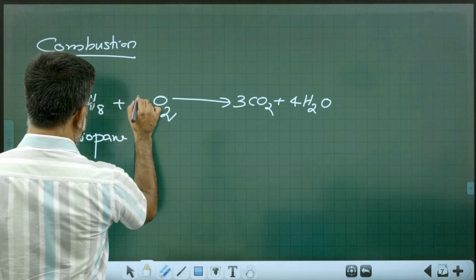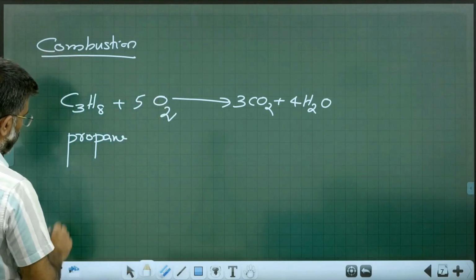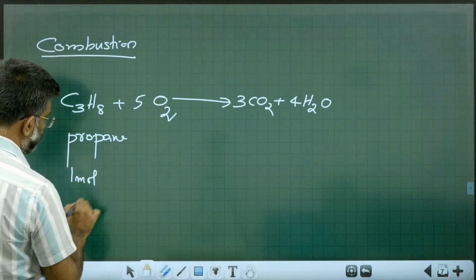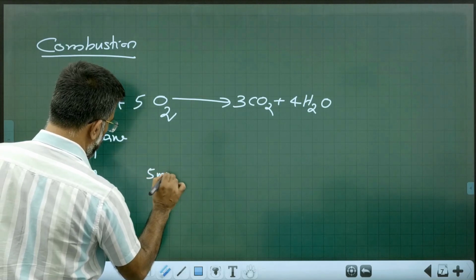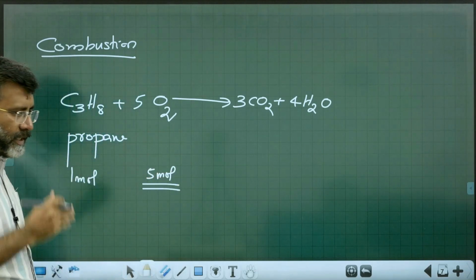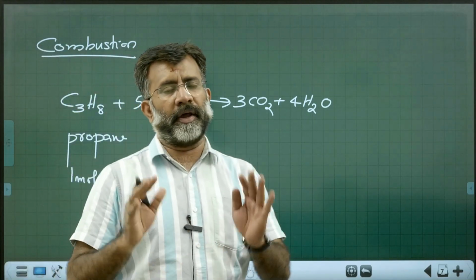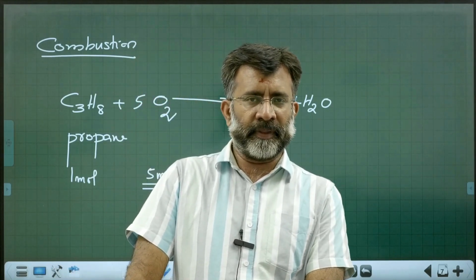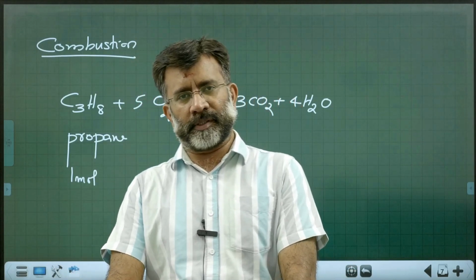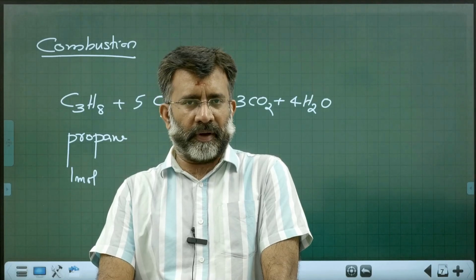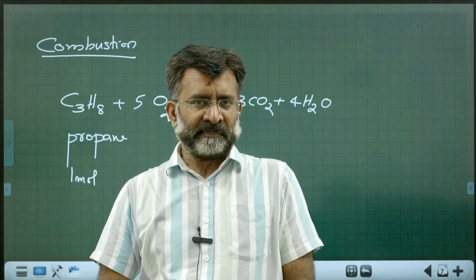So it will be 5 moles of oxygen. So 1 mole of propane requires a minimum of 5 moles of oxygen. So writing such a balanced equation for the combustion of an alkane is the only point.